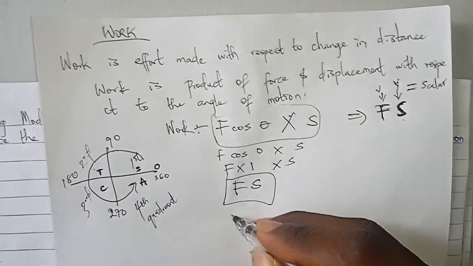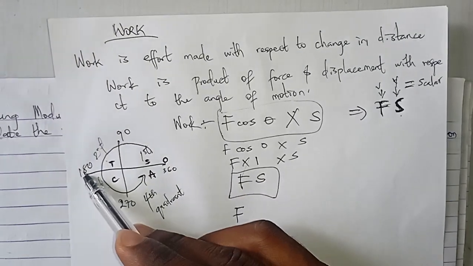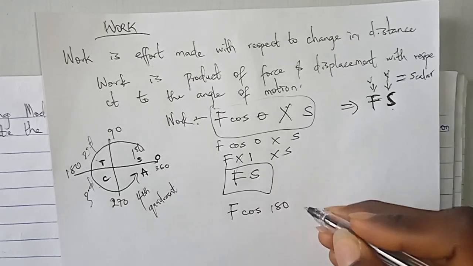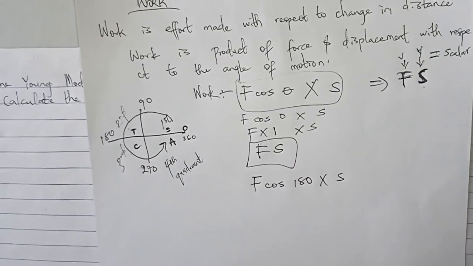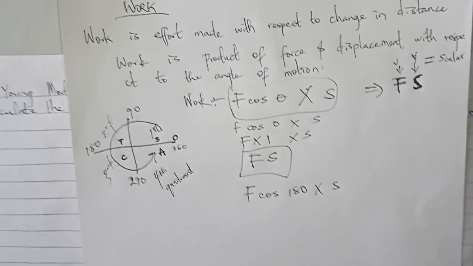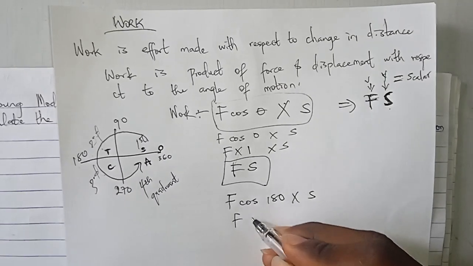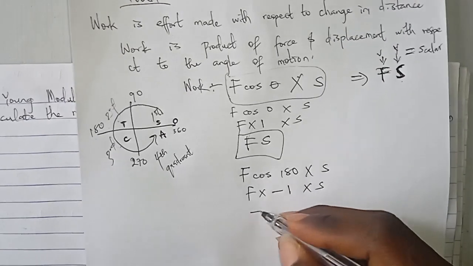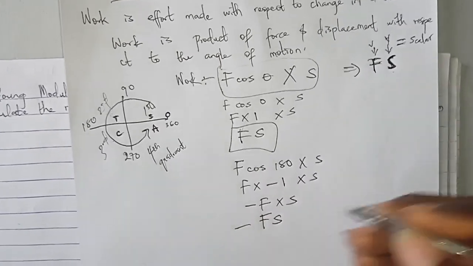Now let's say we have a situation where the angle is 180. So it will be F cos 180 times s. And we know that cos 180 is minus 1. So you now have F times minus 1 times s, which is minus Fs.